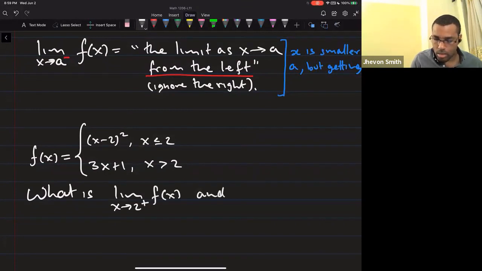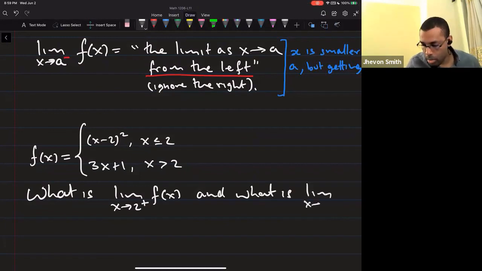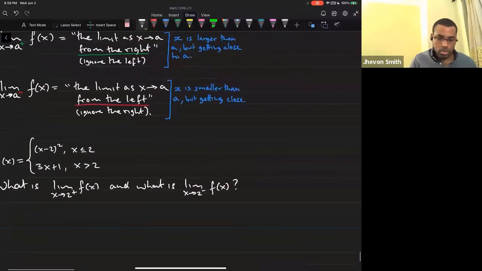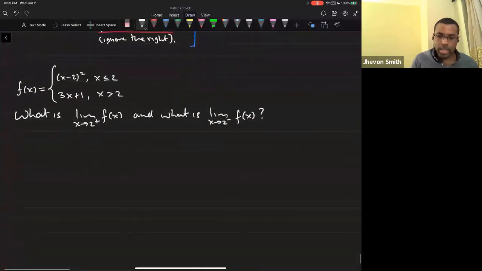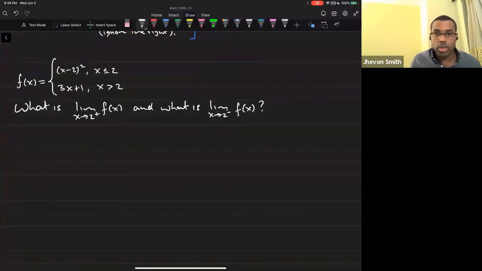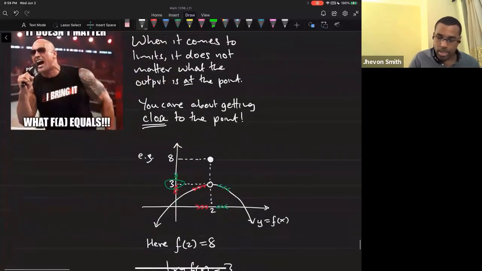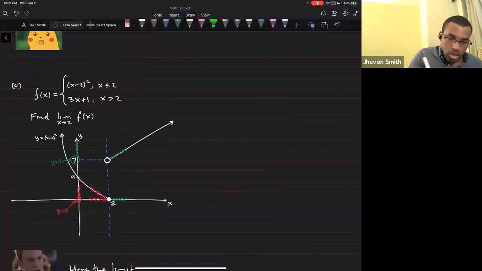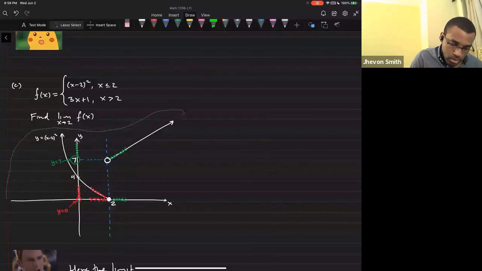And what is the limit as x approaches 2 from the left of f of x? Okay, so we can actually ask a very different kind of question, and now the answer based on the picture should be clear.